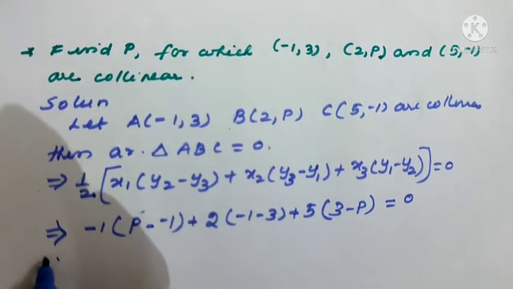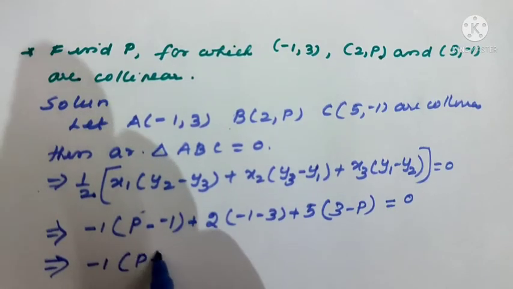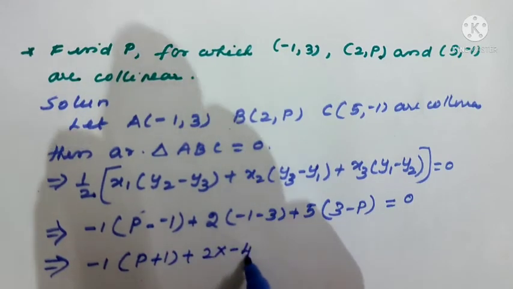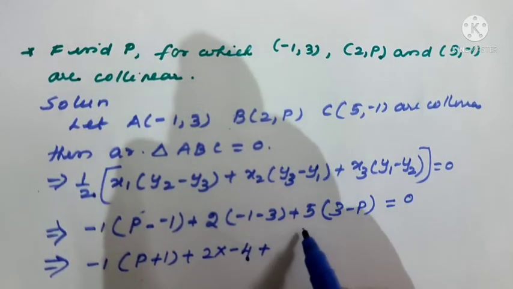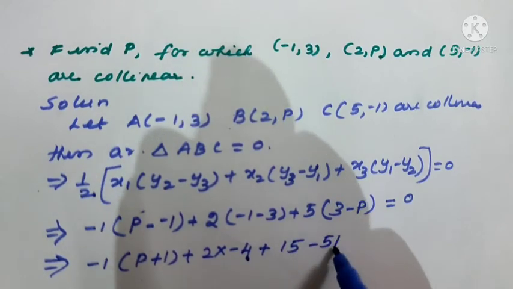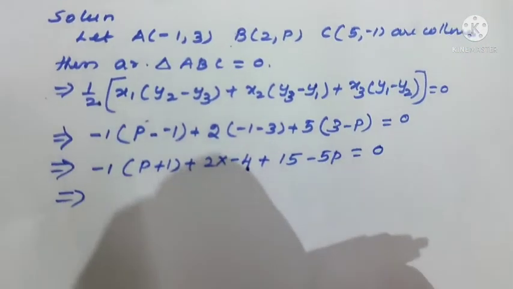So we got again, next, minus 1 into (P plus 1) plus 2 into minus 4 plus 5 into (3 minus P), that is 15 minus 5P equals 0. Once again the expansion we have to do.